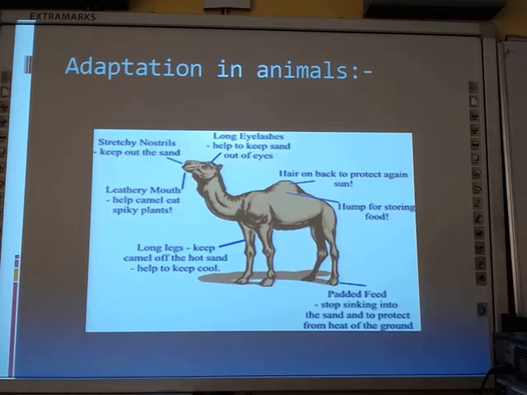Next is hair on the back to protect against the sun, because the conditions are very hot. A hump stores food for a long time. Padded feet stop it sinking into the sand and protect it from the heat of the ground. Long legs keep the camel off the hot sand and help keep it cool, so the distance between the body of the camel and the sand is maintained.